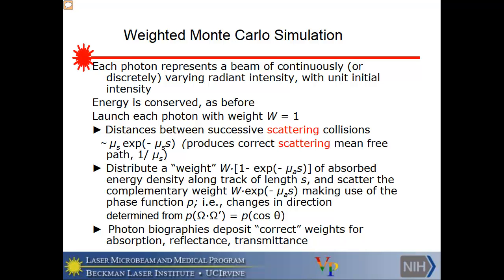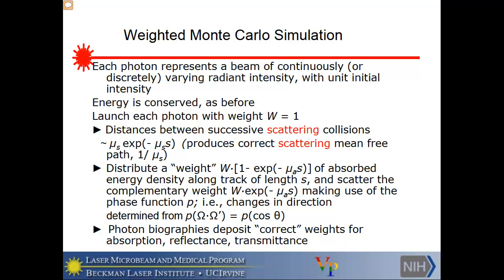So here's the sampler for distances traveled between collisions, which are scattering collisions. And this weight of absorbed energy density is distributed along the length S. The complementary weight is scattered, making use of the phase function P. So what's happening is that you're saying, I'm losing light all the time.